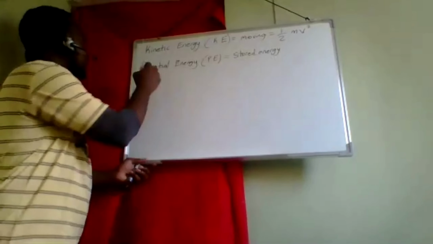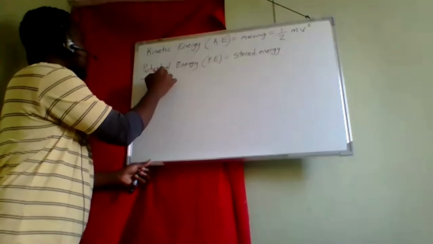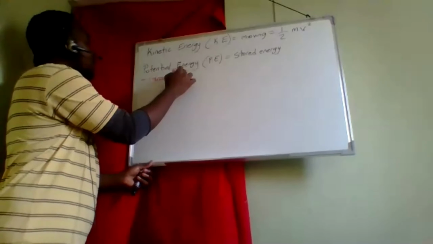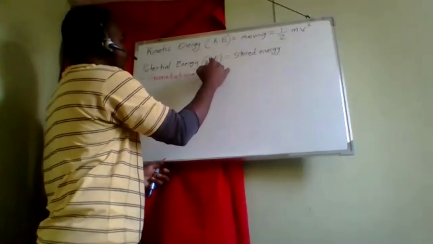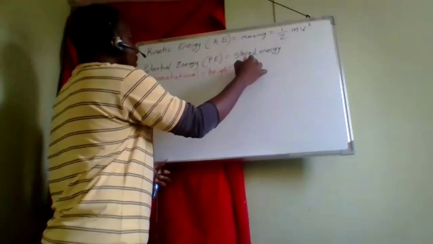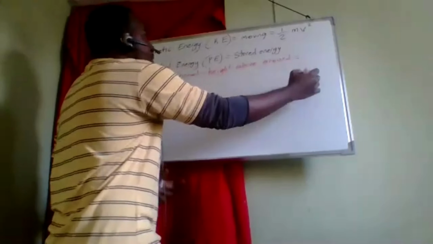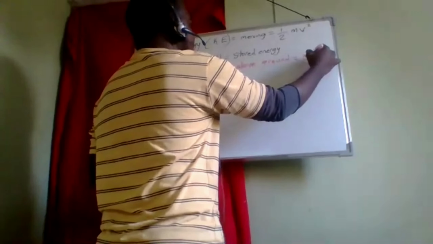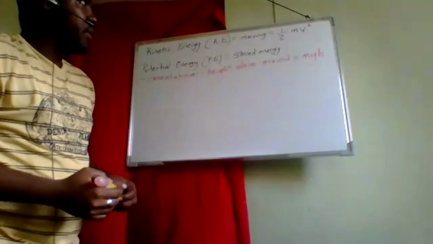Gravitational. Great. So one type of potential is gravitational, which is the popular one that we know, which is the stored energy that an object has due to its height above the ground. And to find this, it's the mass times gravitational acceleration times the height above the ground.